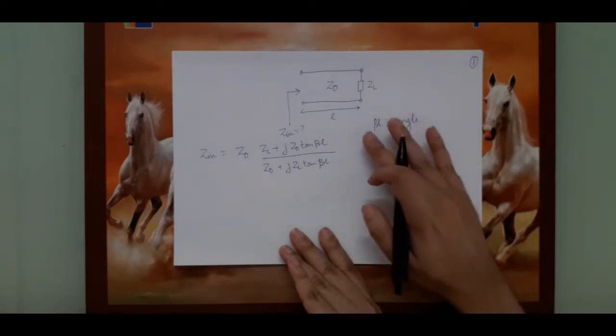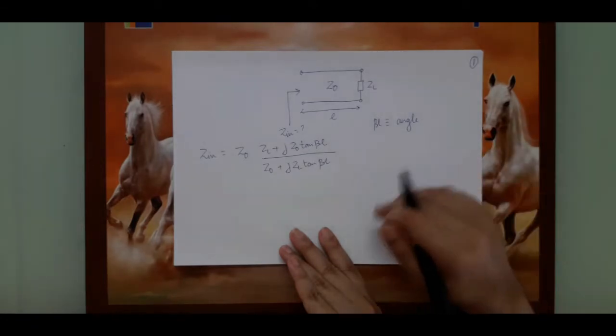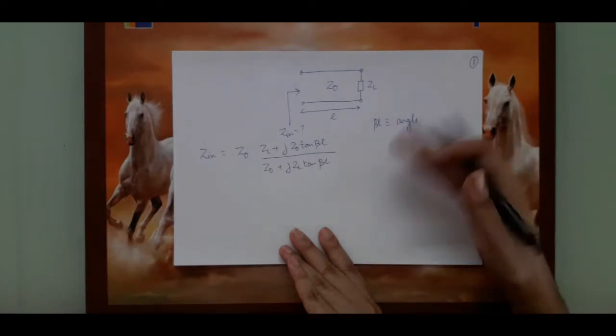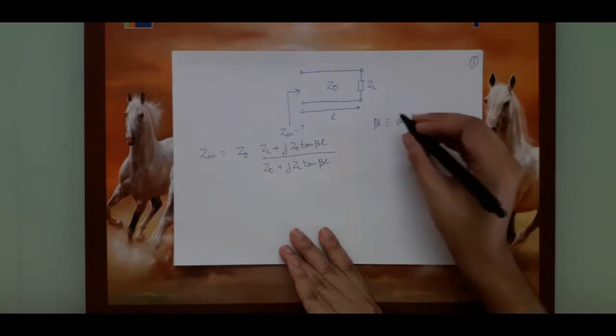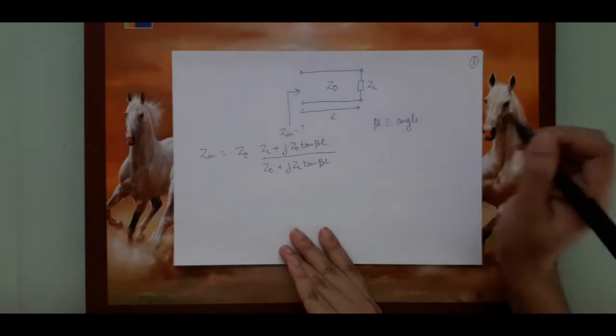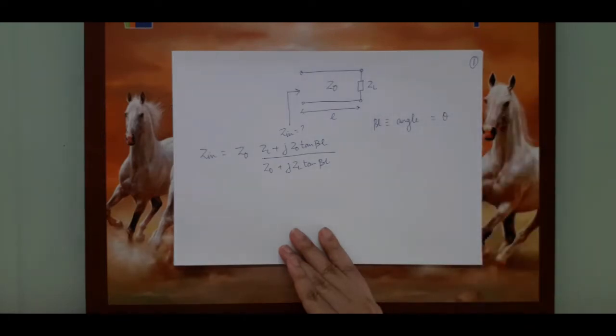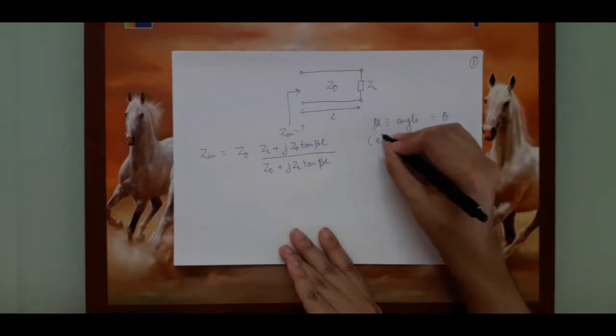So the product of the two will give you the units of angle, radians or degrees, whatever you may want to call it. Now this quantity beta L is often represented as theta, and this quantity is also called the electrical length.